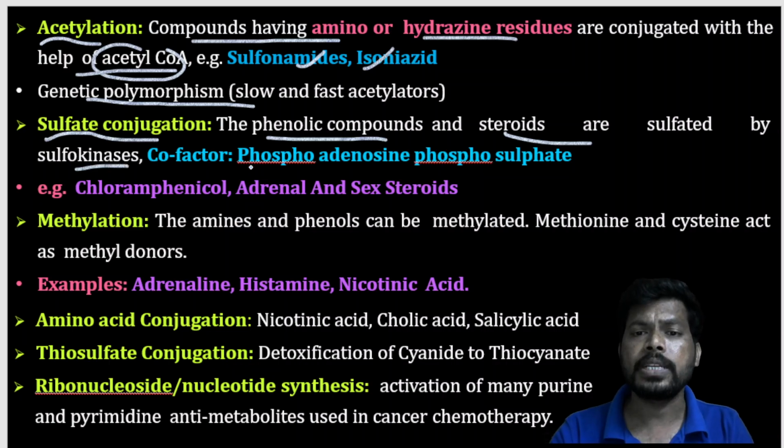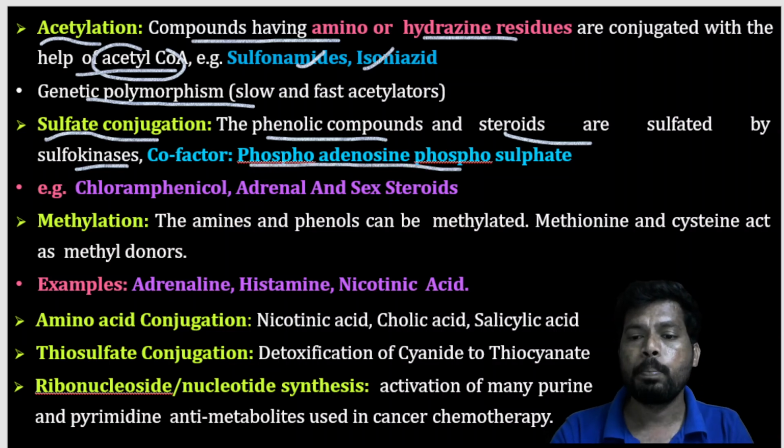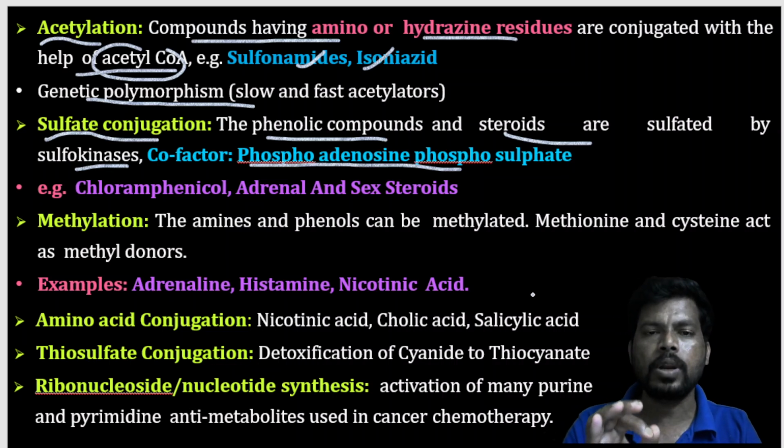The cofactor is phosphoadenosine phosphosulfate, known as PAPS. PAPS is the cofactor responsible for the catalysis of sulfate conjugation, which is one of the phase 2 metabolic reactions in the liver.